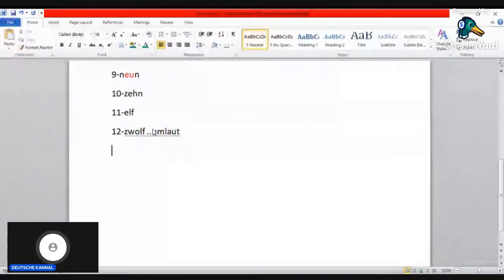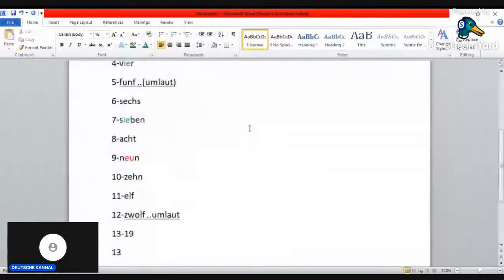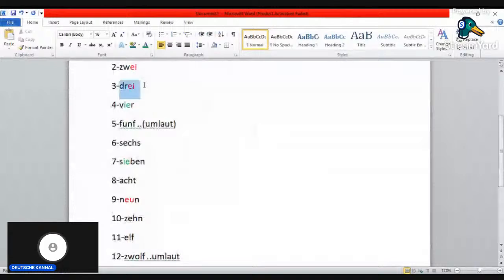Then from number 13 to number 19, there is a very simple pattern that you can use to memorize. So let's try with 13. 13 is made up of 3 and 10, right? We have learned 3 in German is drei.